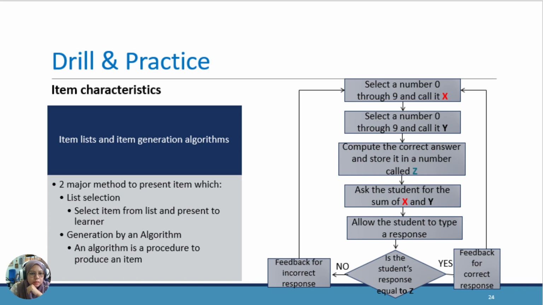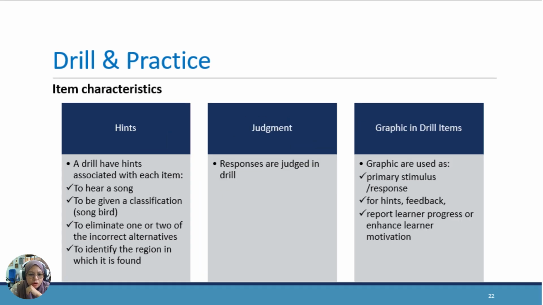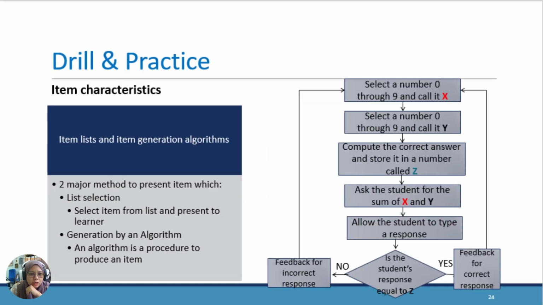And the last one, item characteristic for drill and practice, is item list and item generation algorithm. After you have put all the characteristics of all the items in the drill and practice, you have to list and generate the algorithm. Here are two major methods to present items: one, using list selection, or second, generate by algorithm.